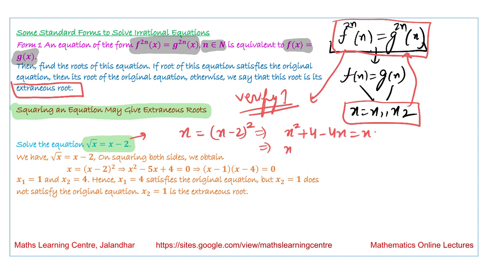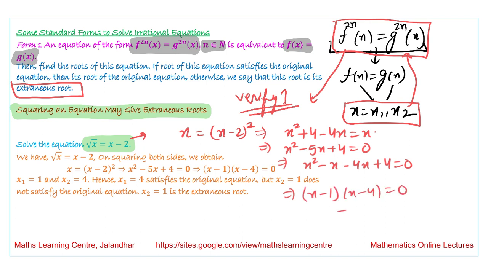This implies x square minus 5x plus 4 is equal to 0. It means x square minus x minus 4x plus 4 is equal to 0. So this implies (x minus 1) into (x minus 4) is equal to 0. So this gives us the values x is equal to 1 and 4.